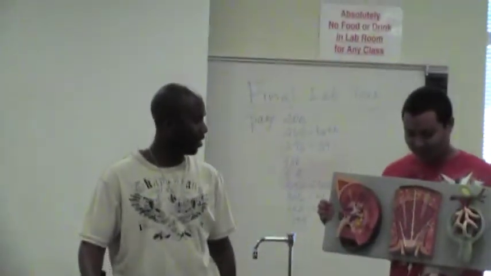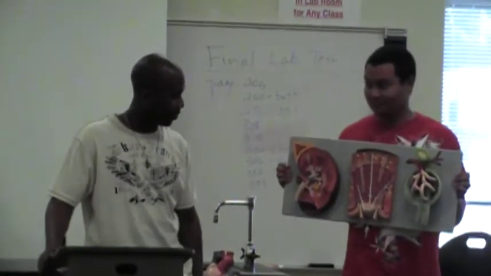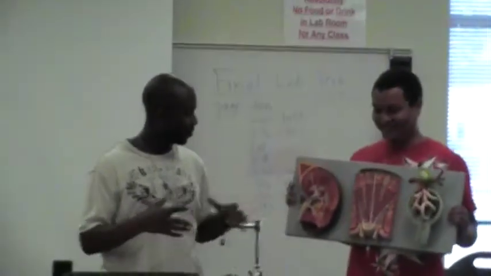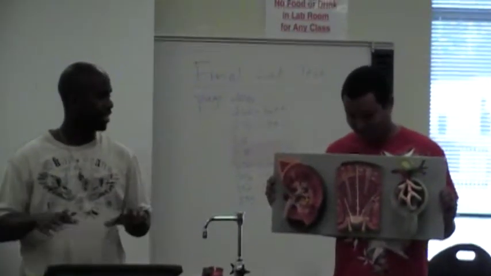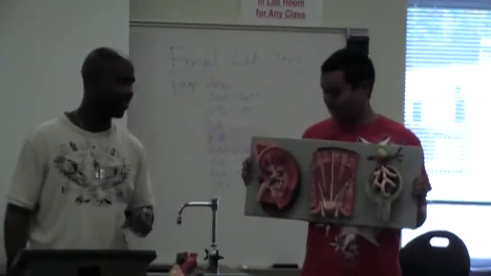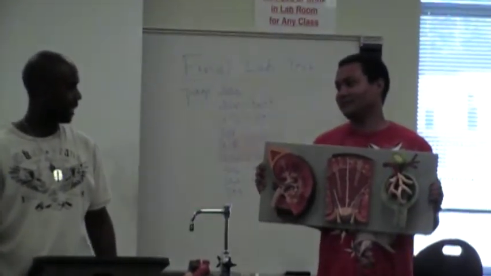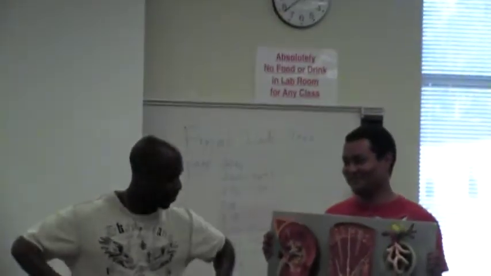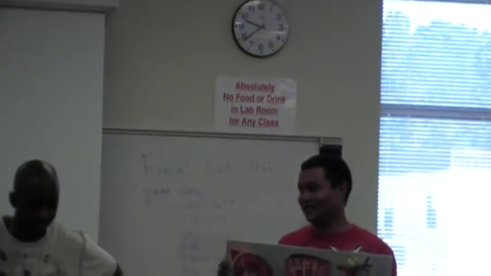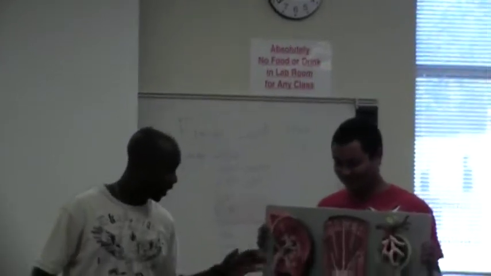Alright. What I did was the kidney, which is this reddish brown bean-shaped structure that is located on either side of the vertical column, and that's where it's located.